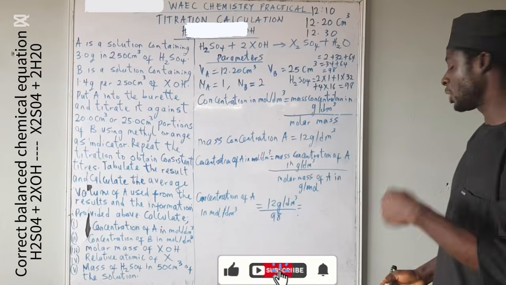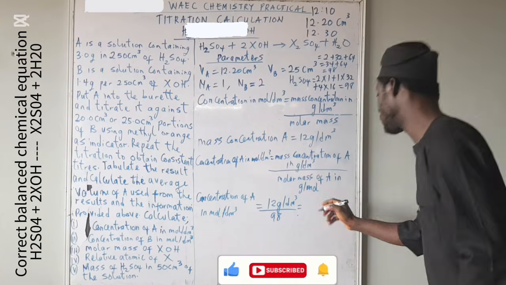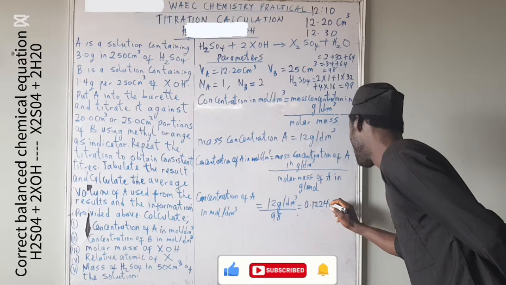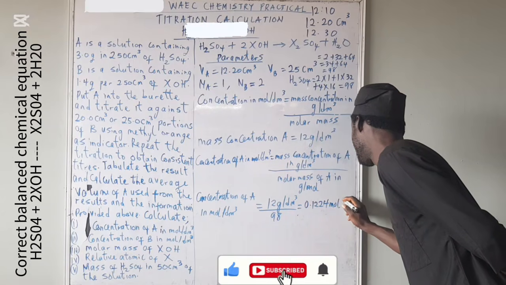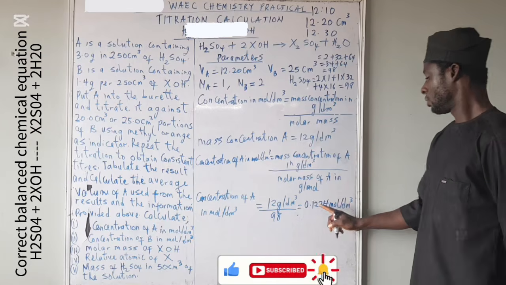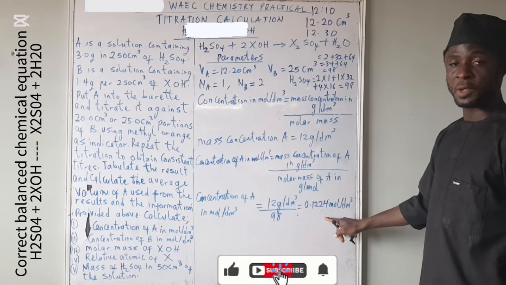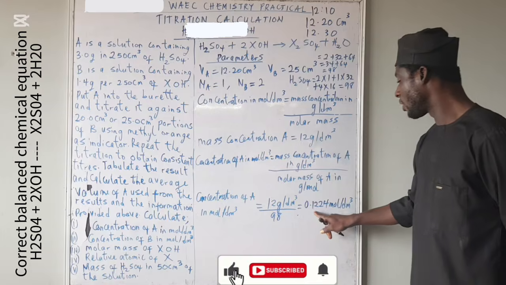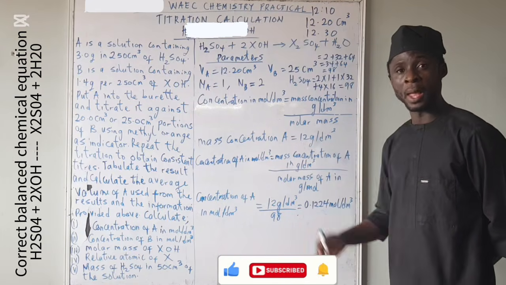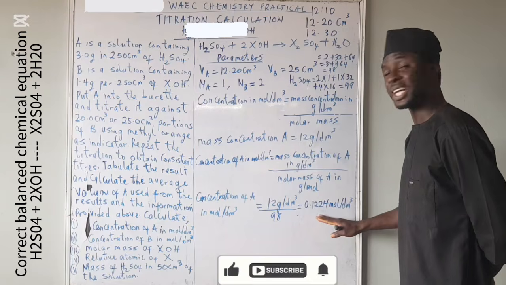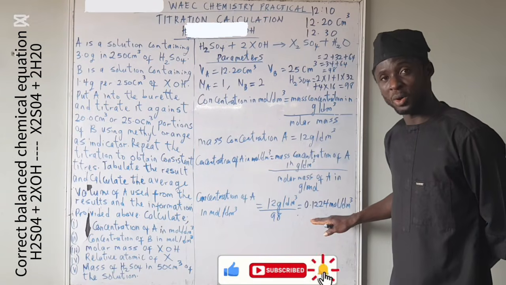After our calculation with the calculator, we have 0.1224 mole per dm cube. Try to make sure that your answer is in 4 decimal places. But when you want to use this answer, make sure that you use the long value in your calculation and not the one summarized to 4 decimal places.